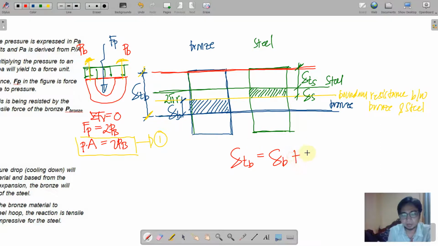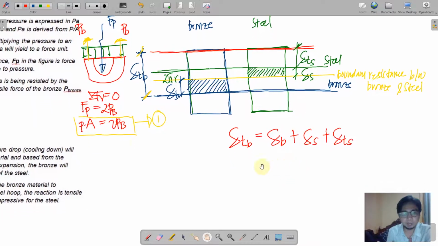And then plus delta of steel due to compressive force caused by the bronze, and then plus delta due to temperature of the steel. Okay, so this is now the working equation to solve for the PB, because PB here is the key. Okay, PB here is the key to the solution.